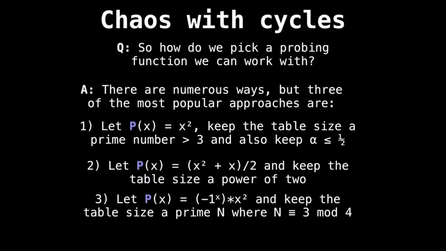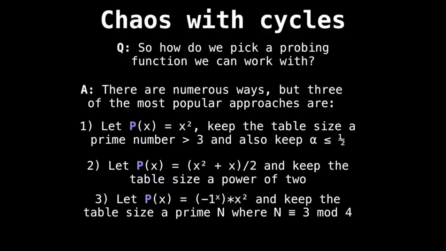The other one is to say our probing function equals x squared plus x divided by 2, and make sure the table size is a power of 2. And the last and final one says that p of x should be the alternating sign of x squared, and keep the table size a prime number where n is congruent to 3 mod 4.